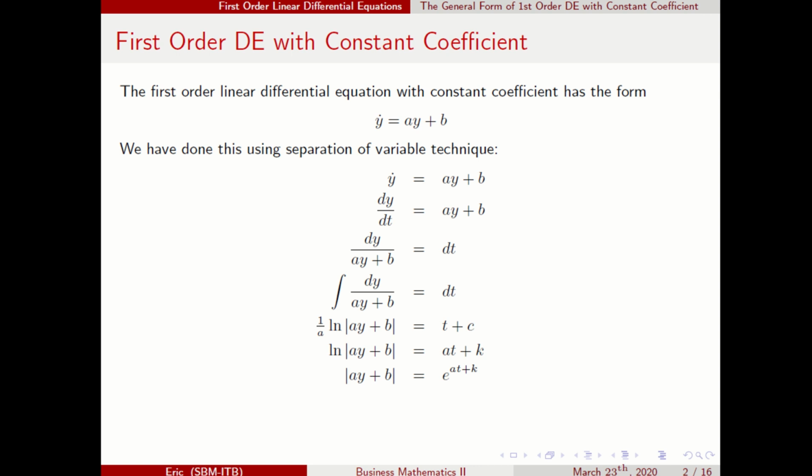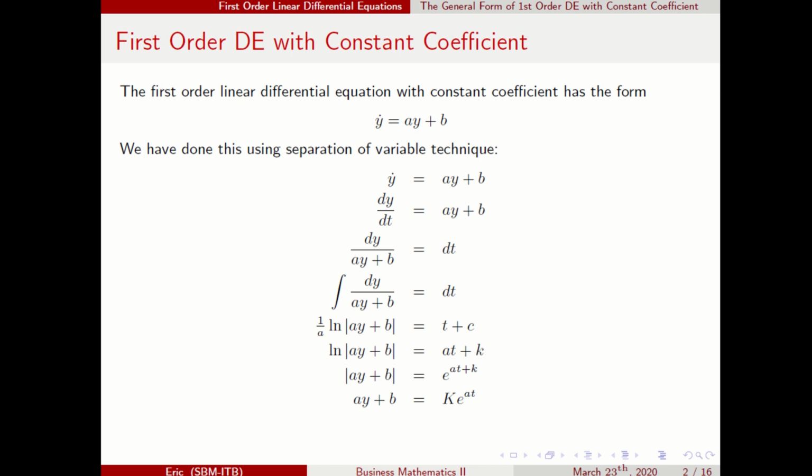So don't forget, we want to have what is y in this one. So if we open up the absolute value, I have ay plus b equals some constant times e to the at. Don't forget, e to the at plus k is the same as e to the at times e to the k, but e to the k is just another constant.